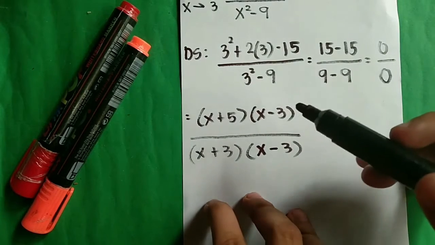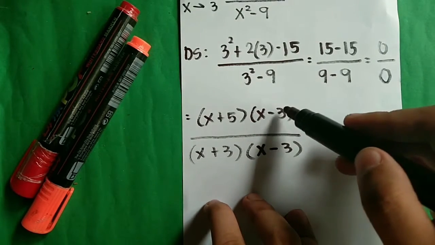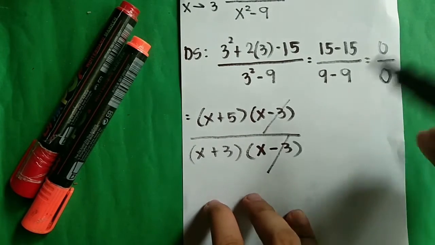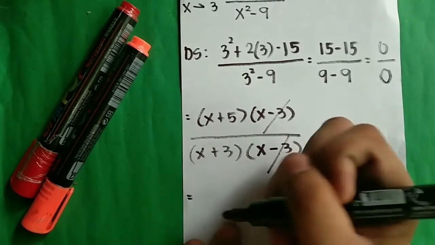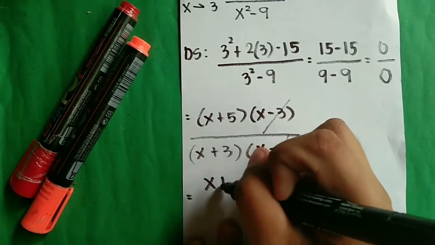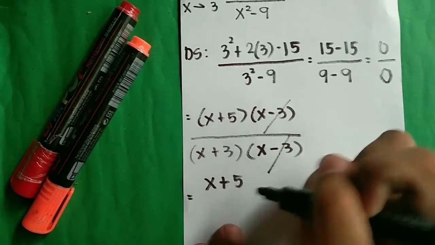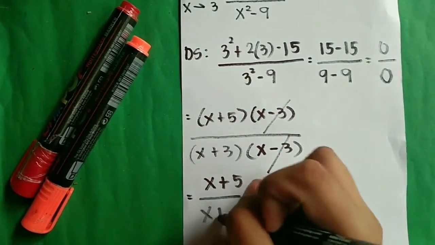As you will notice, we can cancel out x minus 3 to x minus 3. And we will have x plus 5 all over x plus 3.